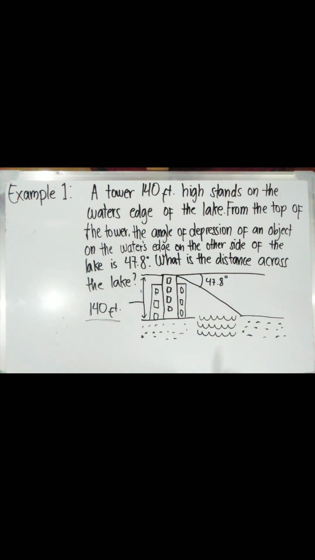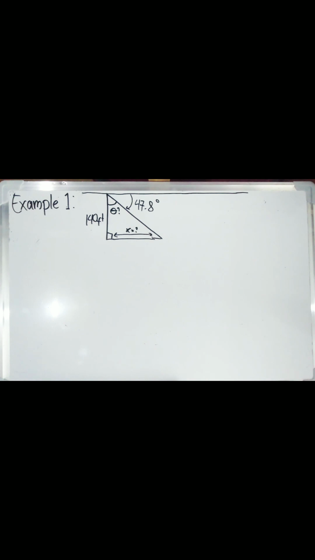Geometrically, the drawing here is a right triangle, and we can solve it and find the distance across the lake. From the figure above, we can solve for the angle.